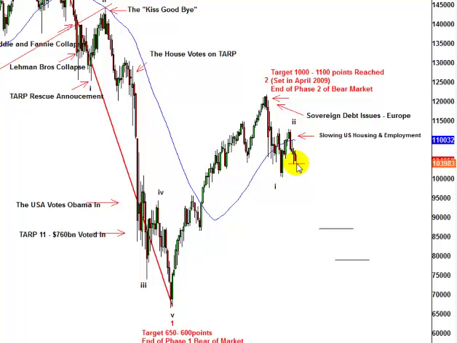So where are we likely to head? Well, we've done targets before, but I wanted to point them out again. This line here is the double top target, the measurement from here to here, extended down. This particular target down here, at I think it's 790 or 800, can be measured through the Fibonacci extension.